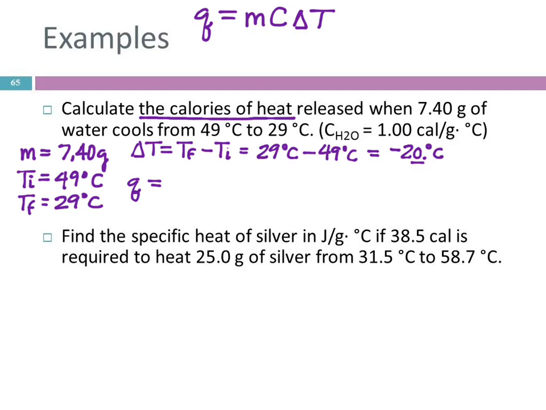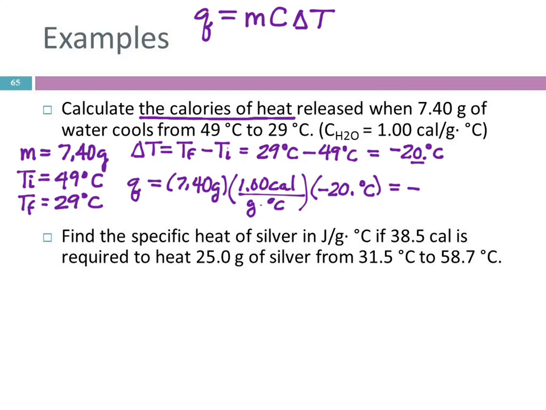Q equals the mass, 7.40 grams, times the specific heat capacity, 1.00 calories per gram degrees Celsius, times the change in temperature, and then do that on your calculator, 7.4 times 1 times negative 20. And the calculator says minus 148.